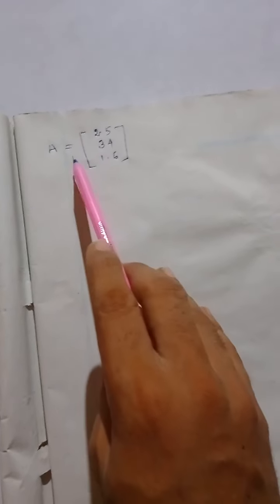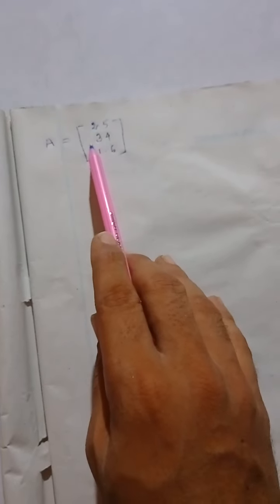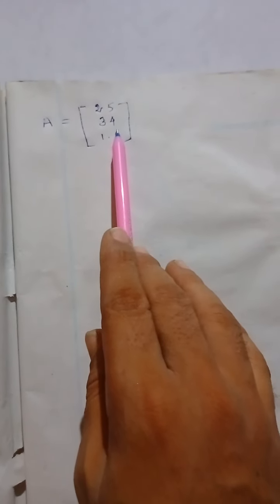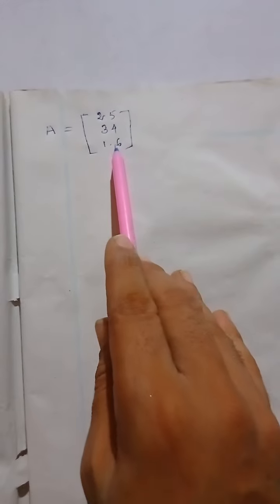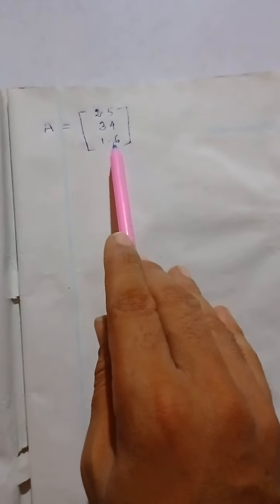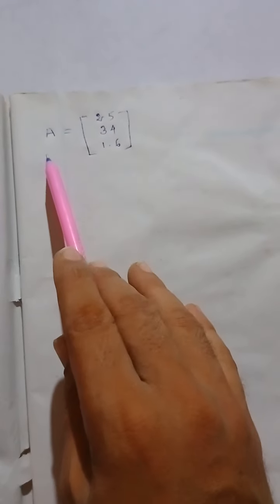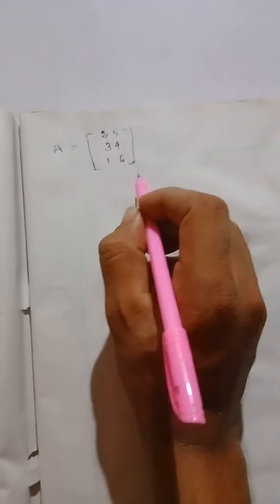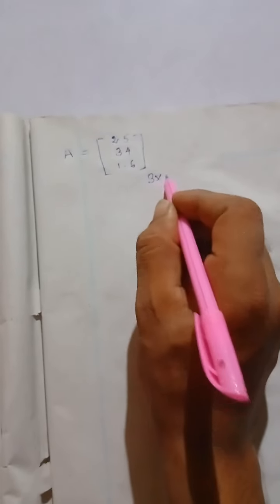Here number of rows 1 2 3 and columns 1 and 2, they are not equal, so it's also a rectangular matrix of order 3 by 2.